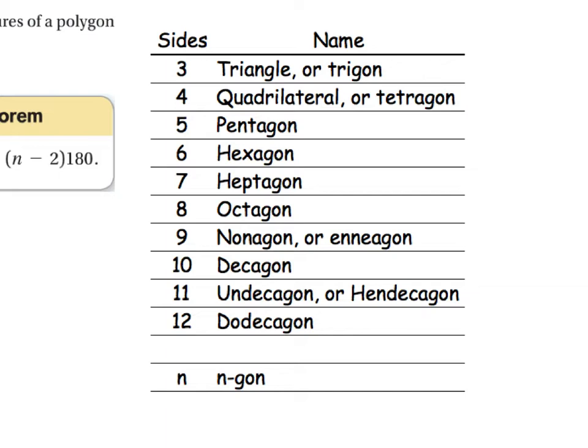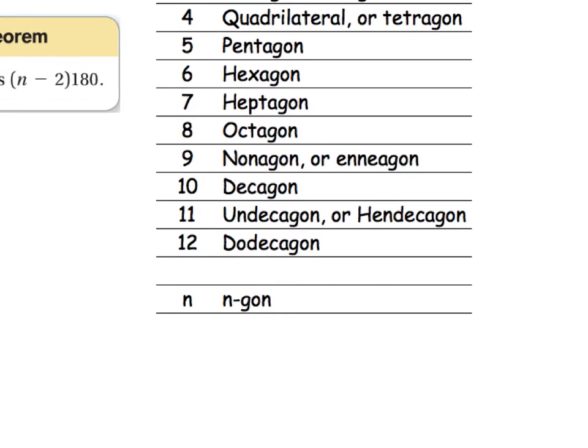I know these names are crazy. And a dodecagon is 12-sided. If there's anything like 13 or more, they're just going to say n-gon. So like if there's a 57-sided polygon, they would call it a 57-gon. Yeah, I know, it's a little crazy.